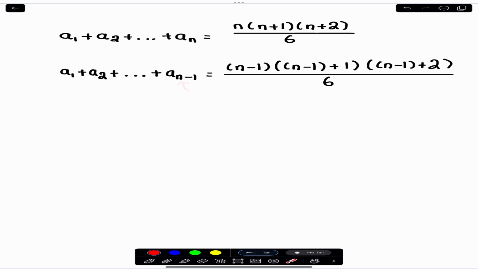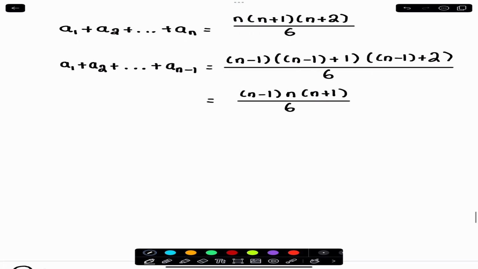This n minus 1 is basically going wherever we see an n. Okay? We can clean this up a little. This ends up being n minus 1 times n plus 1 over 6.